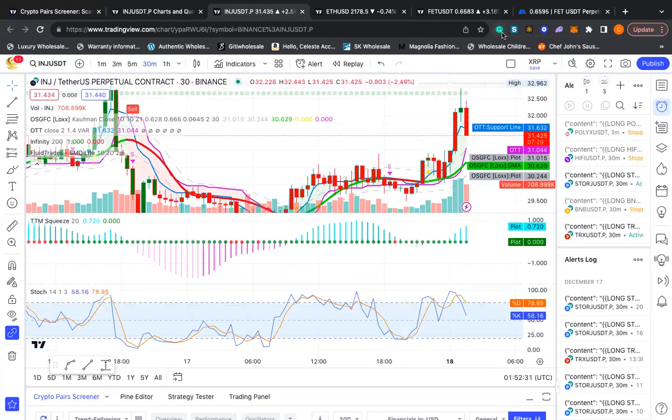But here's the thing with INJ, this is a play that you can actually swing as well, which we're going to be going into, swing trading, the next class we have. You can swing this trade for multiple different days. But for right now, I think we're going to go in on the short. Let's see what the short is looking like with this play.